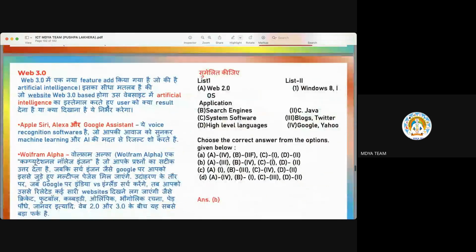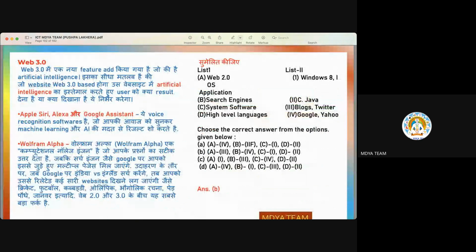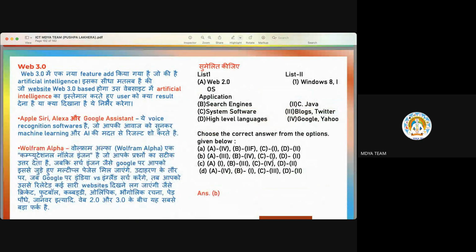Now Web 3 is from the 20s and it is still going on. A new feature has been added, which is artificial intelligence. So websites will be Web 3 based. The user now knows the result, and what is to be shown and what not to be shown can also be fixed by artificial intelligence.